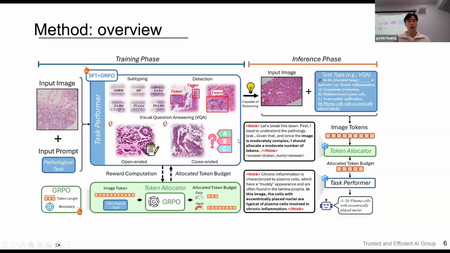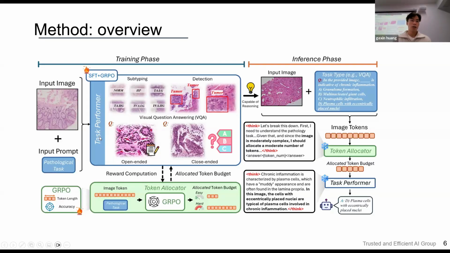Okay, and as we can see in this overview figure, in the training phase, the vision language model will receive the input image and the corresponding input prompt, which may describe the corresponding pathological task.